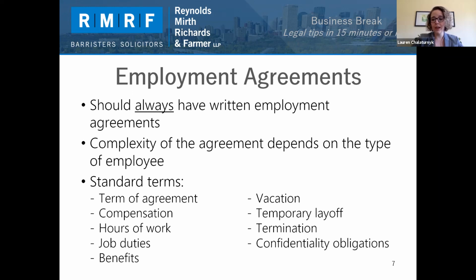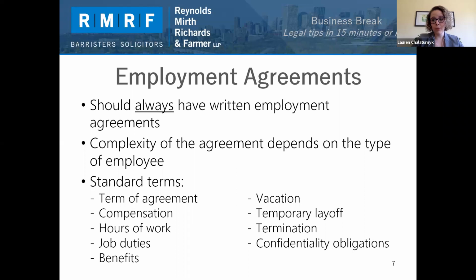Vacation, and vacation can also include some other terms, so things like, does vacation accrue over the year? Do you have a set amount of time? How much can I transfer into the next year? Things like that. We now recommend including a temporary layoff provision in all employment agreements.